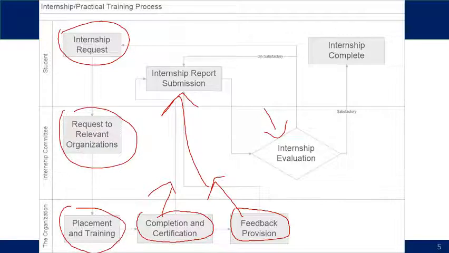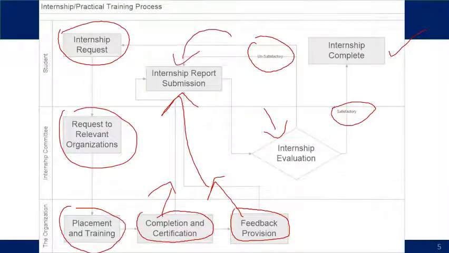And if you meet the satisfactory requirement, your internship is complete and you can apply for the transcript and further on for your degree. However, if your internship is unsatisfactory, you have to submit the internship report again.